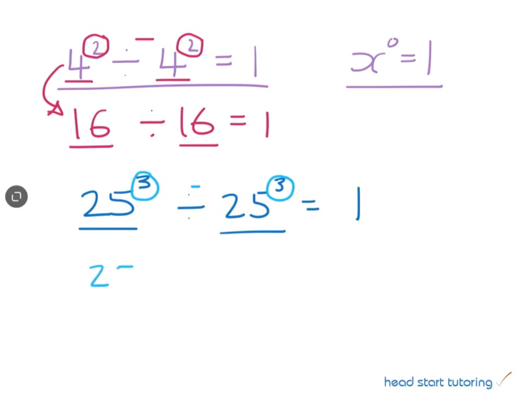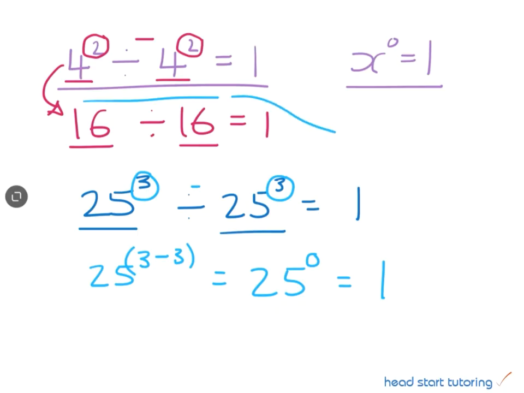So 25 to the power of 3 minus 3 equals 25 to the power of 0, and that will give us an answer of 1. In the same way that 4 to the power of 2 minus 2 will also give you an answer of 4 to the power of 0, which gives us an answer of 1.